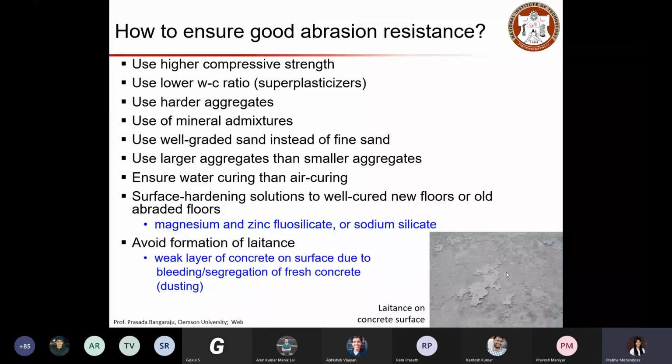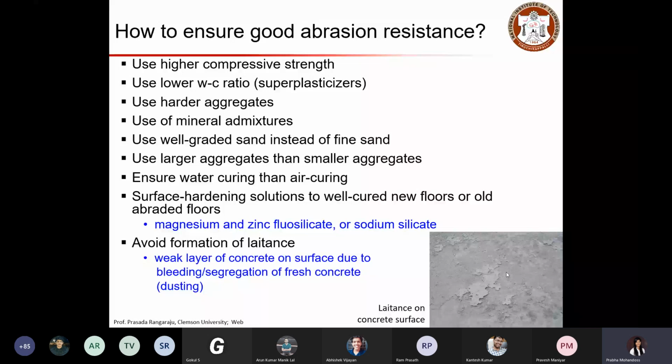And then you can use well graded sand instead of fine sand, because the sand is one of the fine particles that get damaged easily when subjected to abrasion. Similarly, you can use large size aggregates rather than smaller size aggregates, especially to reduce the surface area, so that they will withstand the abrasion in a better way.